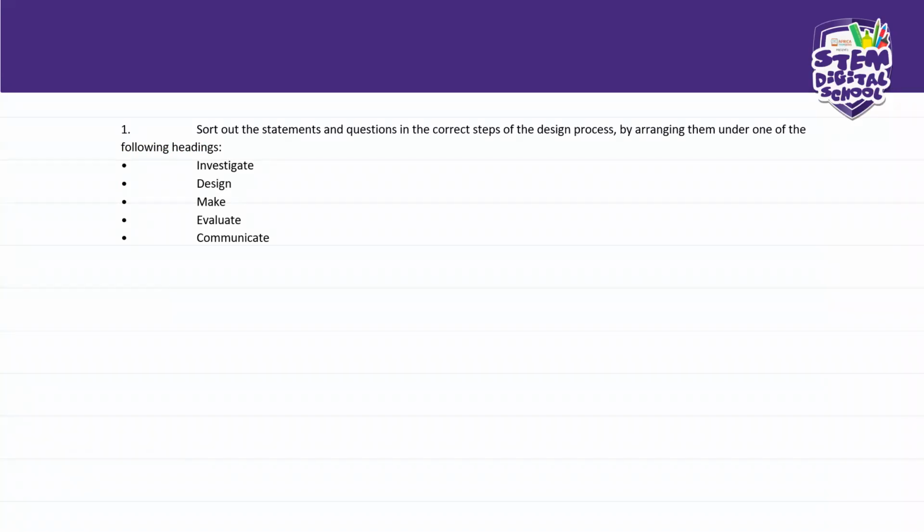And then after the design brief, you have your specifications. Your specifications will say what the product or the solution must look like, the size of the solution, the color, what it must be able to do. That is the design criteria. Okay, those are the specifications.